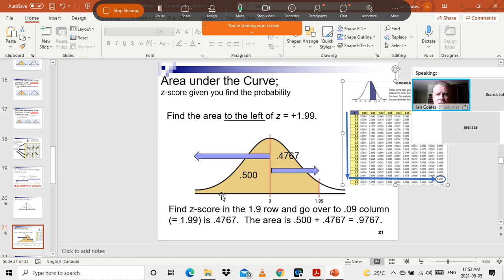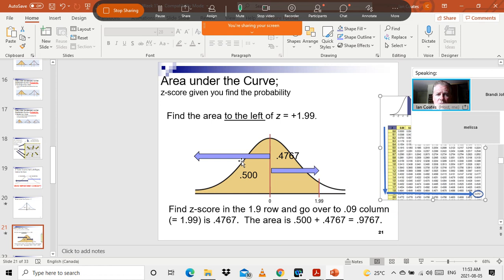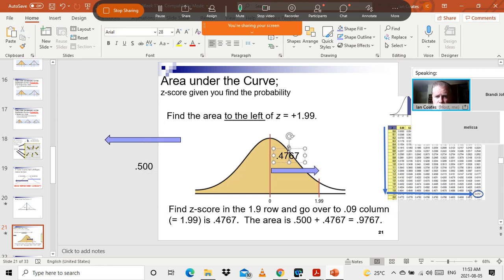Now, you're looking at this, and I'm going to stress this as well. I will need you guys to predict an answer before you do it. What this question is asking you here is, if I choose an apple from this distribution, what is the probability of choosing an apple from this area? So you look at this.